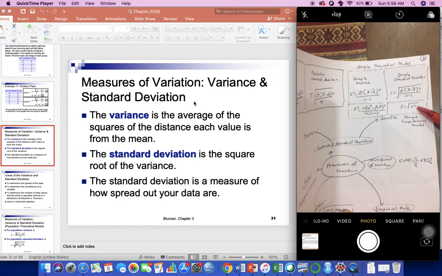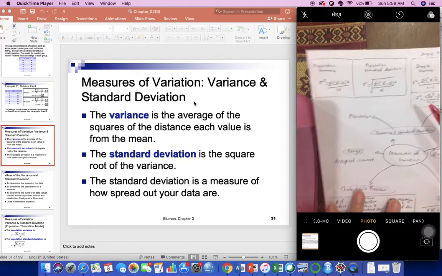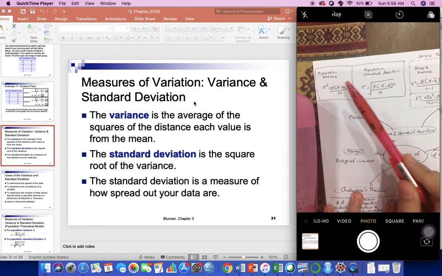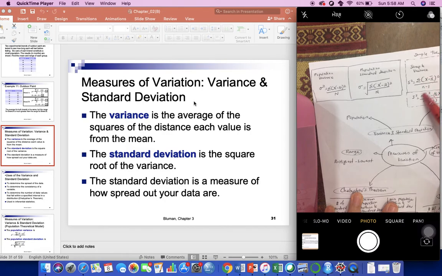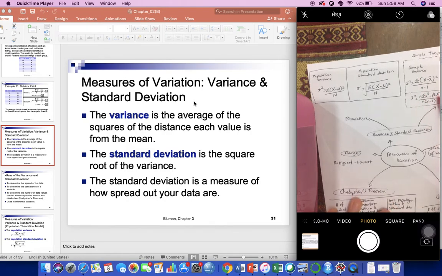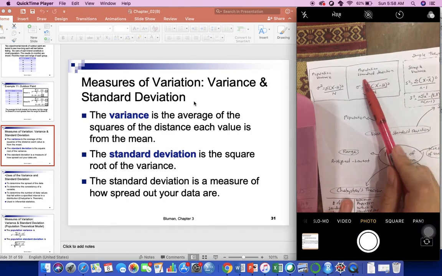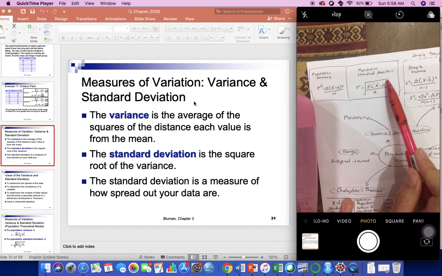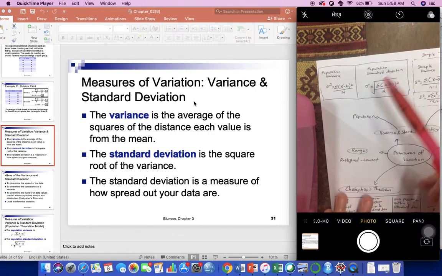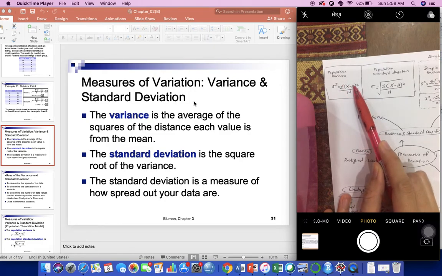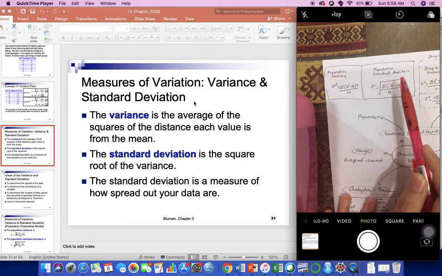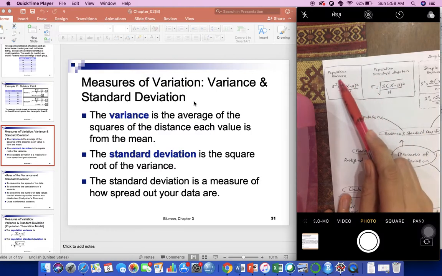So my suggestion is you just memorize these formulas only. For the standard deviation, you just put a square root here. So if you memorize the variance formula, you just need to remember that for standard deviation, you put a square root.